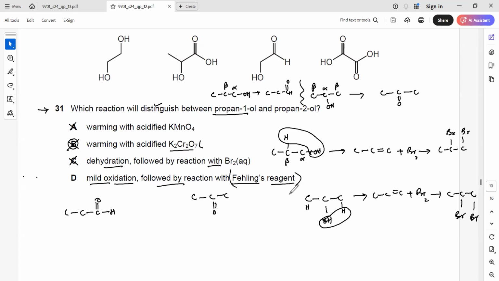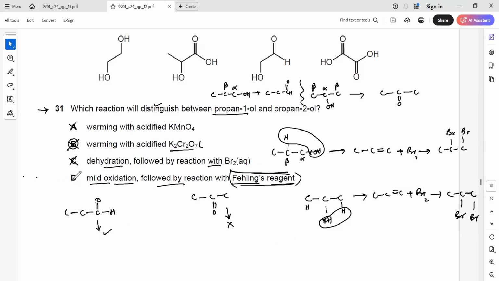As we know, Fehling's reagent is the reagent which gives a test for aldehydes, but ketones do not give a clear indication with Fehling's reagent. The red precipitate in Fehling's reagent is given by the aldehyde, while ketones do not give this Fehling's test.